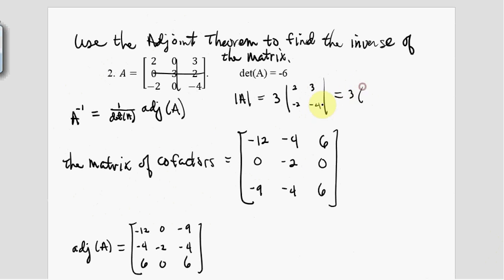So this is 3 times -8 plus 6. So it becomes 3 times -2, -6.